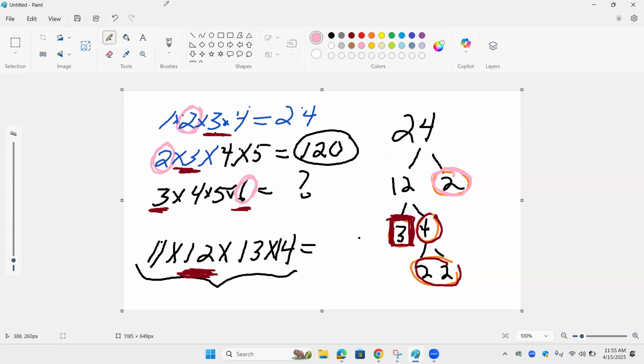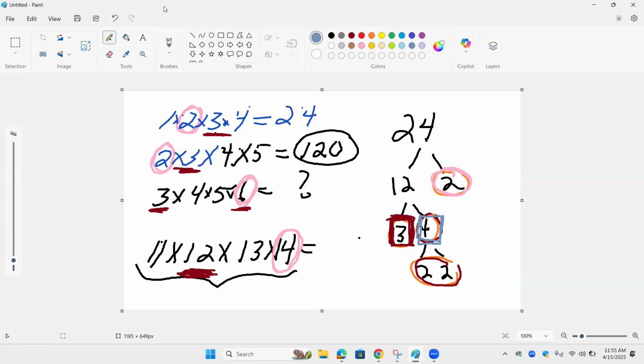Now there's a reason why I'm picking this one. So over here, this one's divisible by two. And then finally, because there's four numbers in a row, there's going to be a number divisible by four.